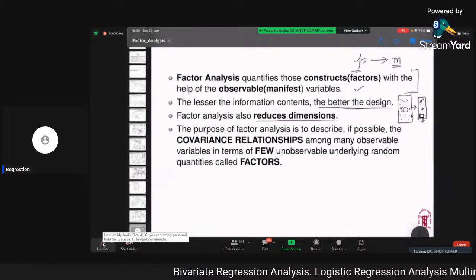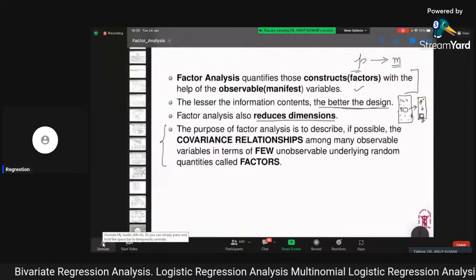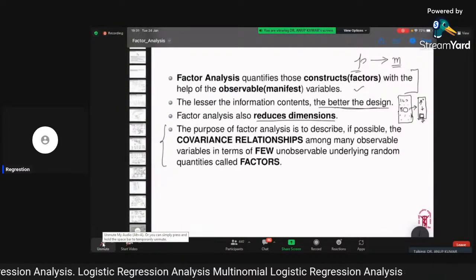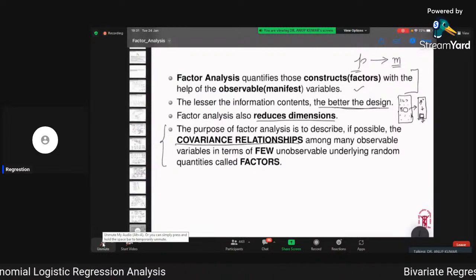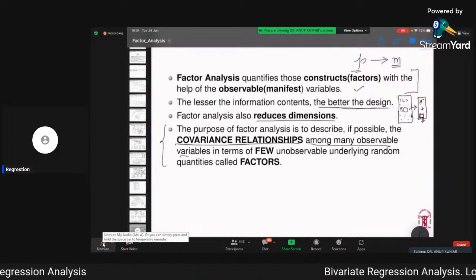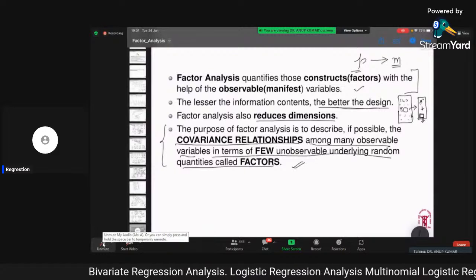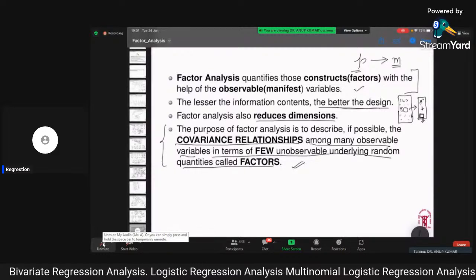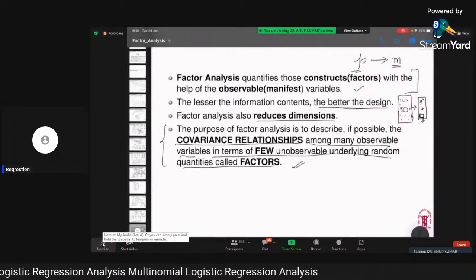And one more very important definition: the purpose of factor analysis is to describe, if possible, the covariance relationship among many observable variables in terms of a few unobservable underlying random quantities called factors. If you go through these definitions of factor analysis, you will be able to understand.